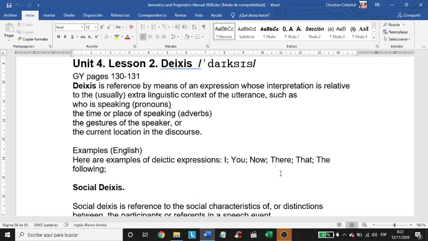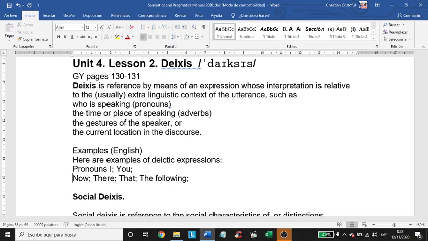All the words "now," "there," "that," etc. So let me make a list then. "I" and "you" are pronouns. Okay, so pronouns are deictic expressions. "Now" is an adverb.